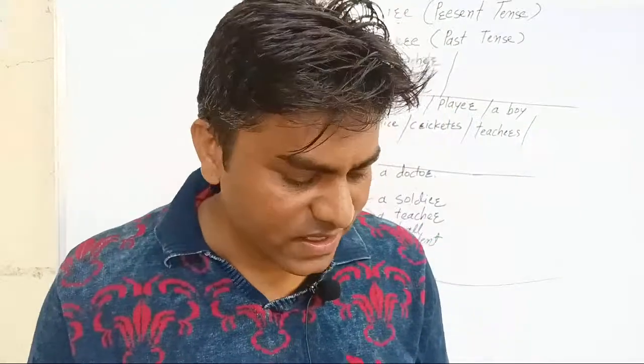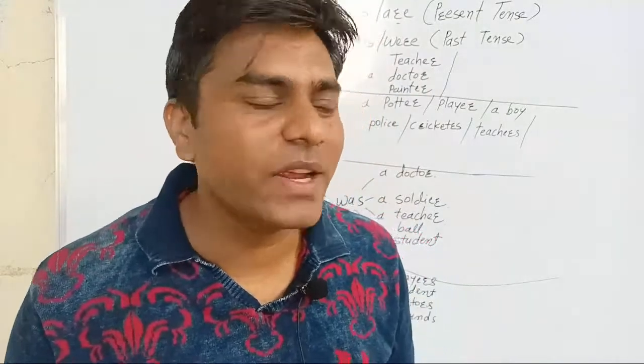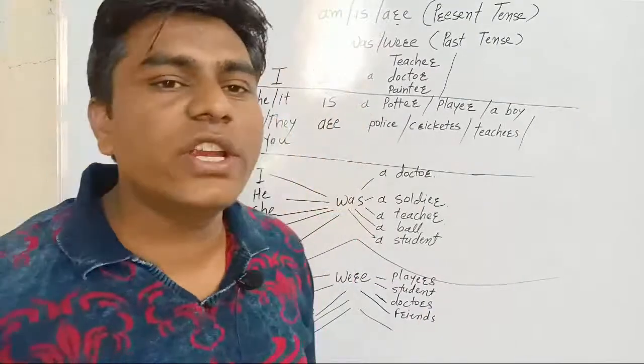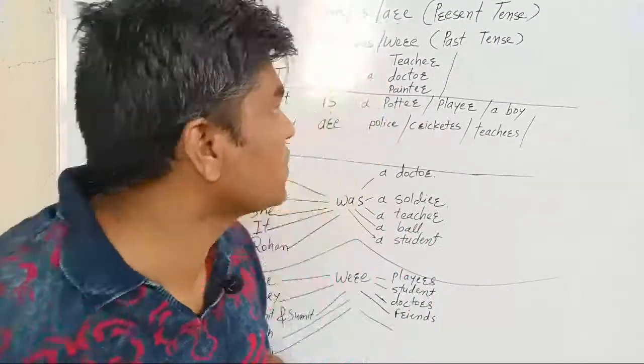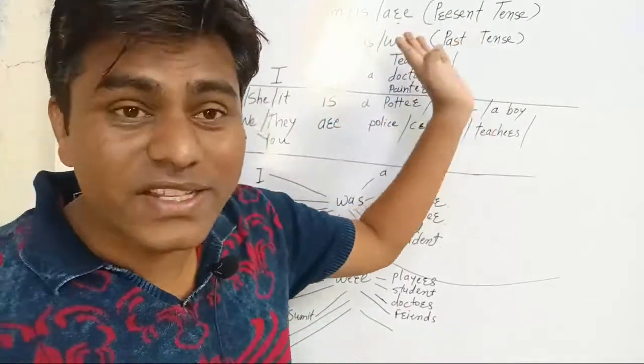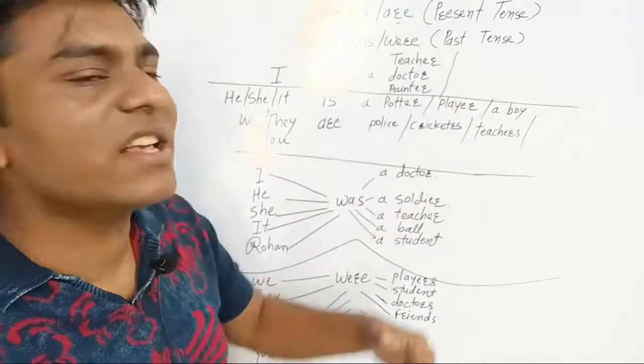Now friends, we know how to use the auxiliary verb in sentences. Just now I told you how to use them. These are the auxiliary verbs. Here I have written these are the present auxiliary verbs, and then I have written here these are the past auxiliary verbs.